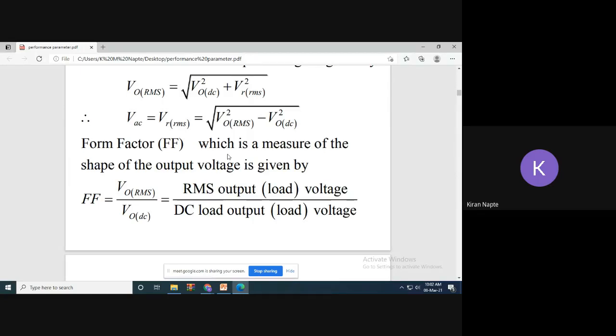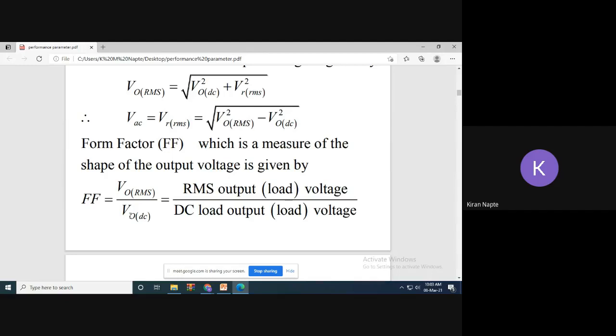And this shape of output voltage can be found with the formula, which is the ratio of RMS output voltage to the DC load output voltage, right? If we take the ratio of both these, then we get the form factor, and from this form factor we can measure the shape of output voltage.